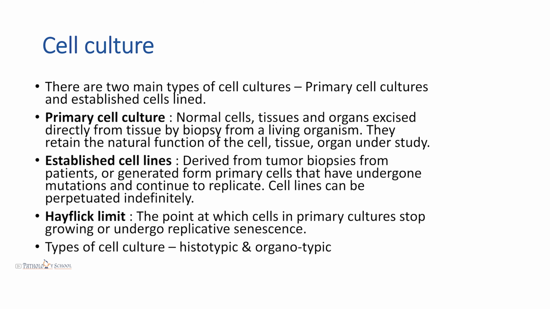Histotypic cell culture is basically when a single layer of cell is produced, and on that we produce multiple layers and we replicate a normal histologic structure of a tissue, and it is two-dimensional. So we give perfusion, we give substrate, and many layers are produced.